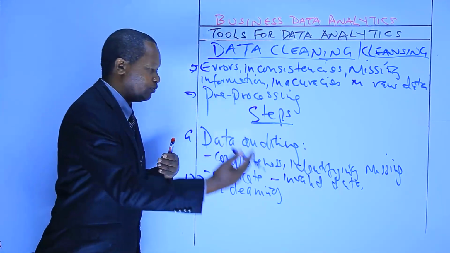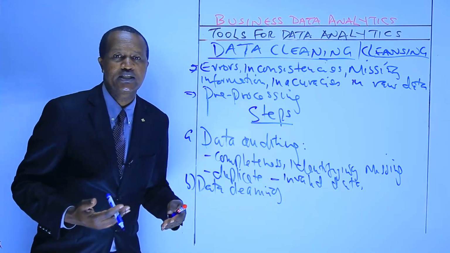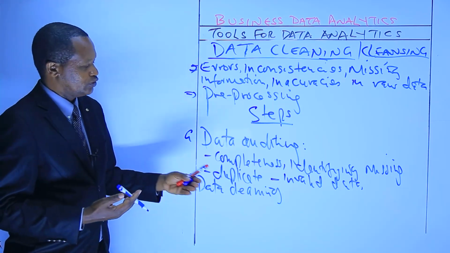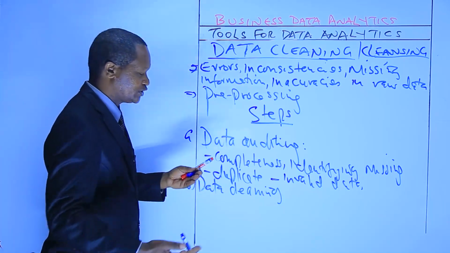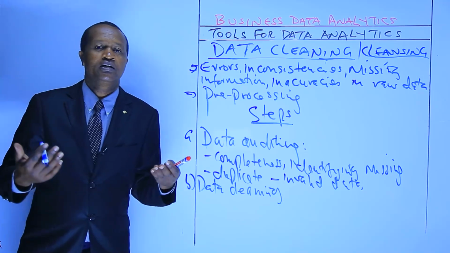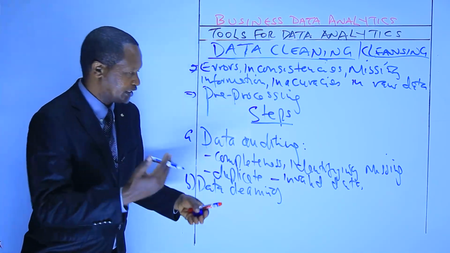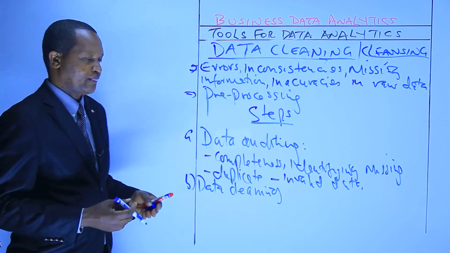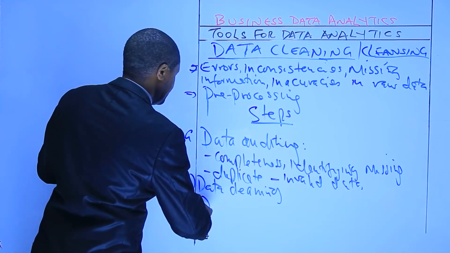When you clean, you fill in the missing values, you remove the duplicated files, and you may do this using various techniques, such as interpolation. You may use techniques like the one we call imputation and so on.